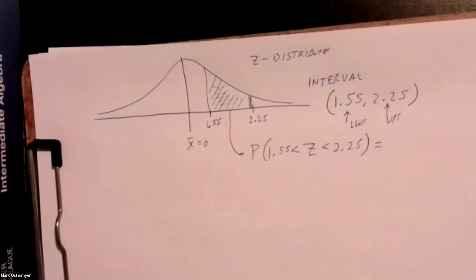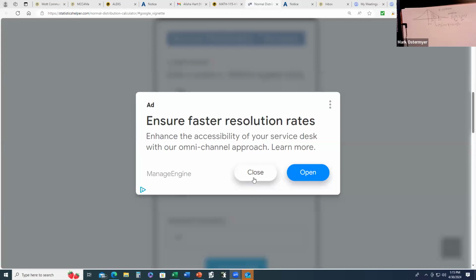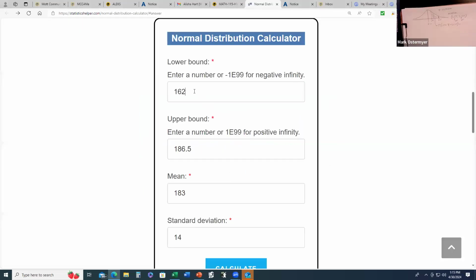Okay, so let's type in on our calculator 1.55 for the lower bound. And for the upper bound, let's type in 2.25.